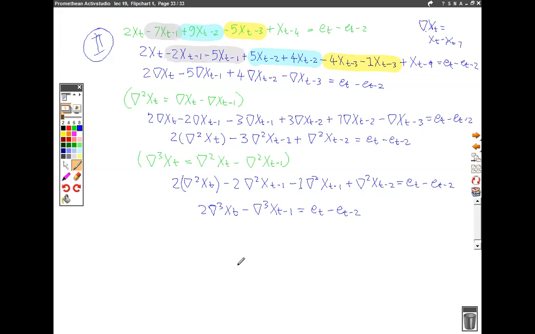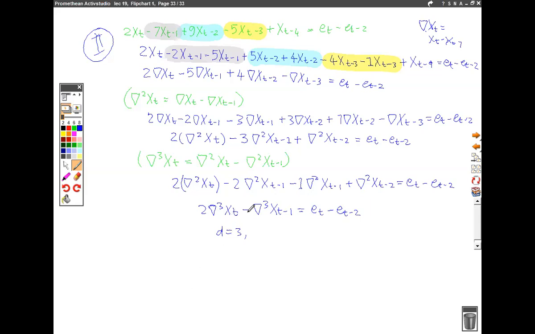Again, now you can see we have started the same process. We started with the same process, and now we're just looking at another method of figuring out the parameters of the ARIMA model for this process. So if you stop right here, what you will notice is the degree to which my nabla is there, the degree of my nabla is 3, right? So the D should be 3.